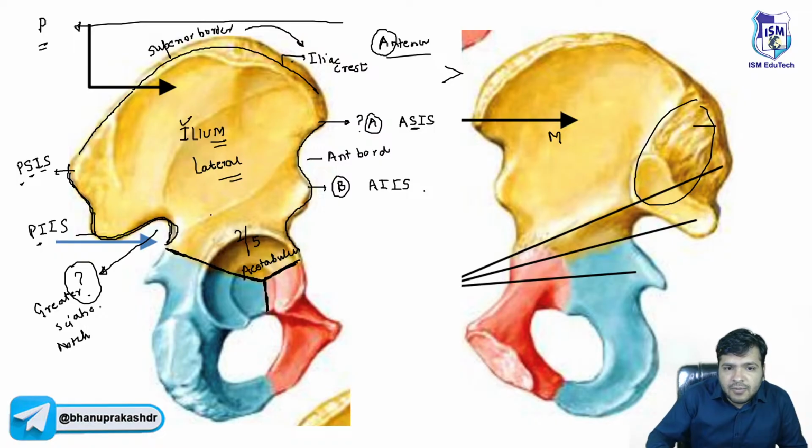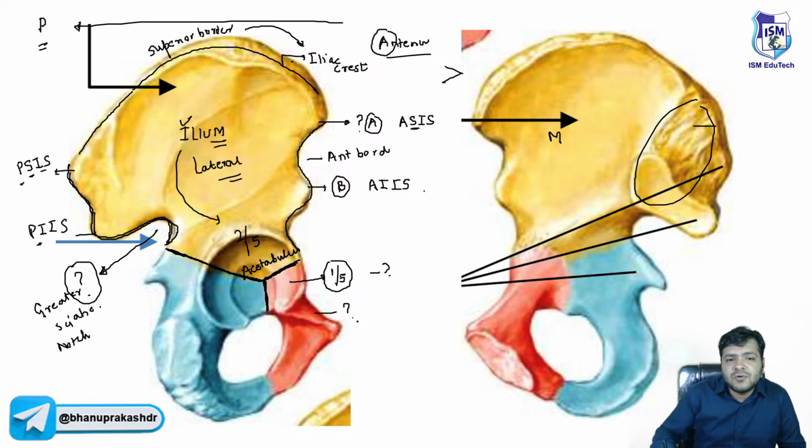2/5 part it is formed by the ilium, okay, 1/5 part of the acetabulum it is formed by which bone, tell me beta, which bone is this red one? And 2/5 part again it is formed by which bone, which is this blue color bone beta?